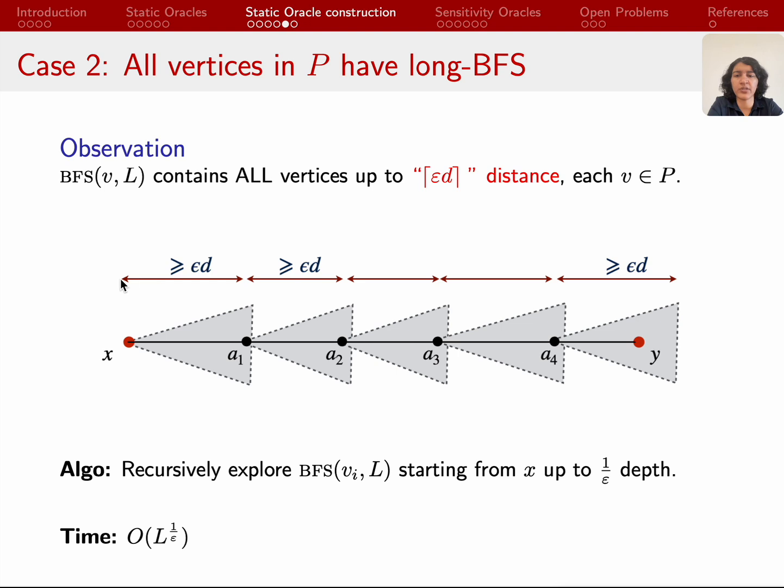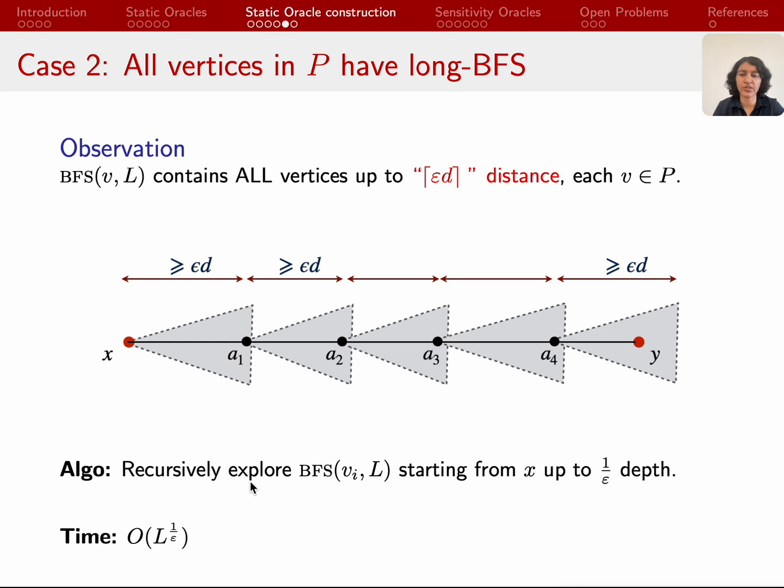Since each partial BFS will be able to traverse a length of at least epsilon d, the number of hops we'll need is just 1 over epsilon. And while storing the partial BFS tree, we could also store the distances, so the time to do this traversal will be just L to the power 1 by epsilon.